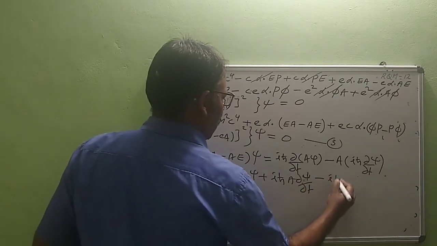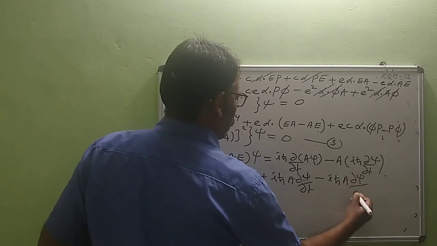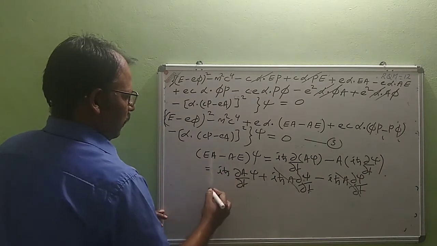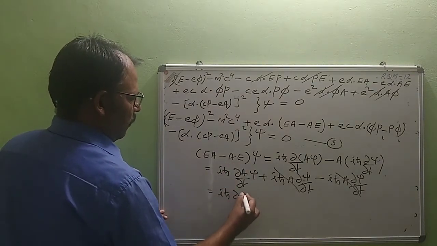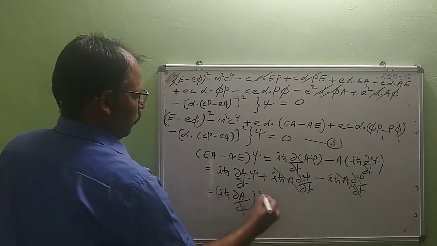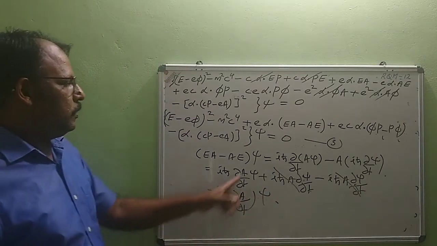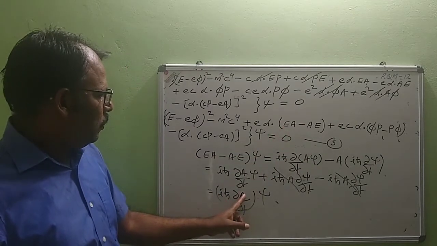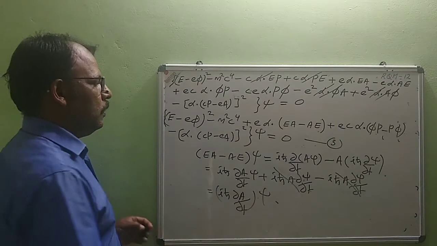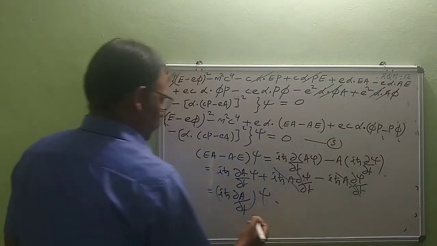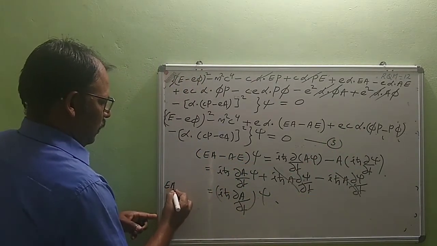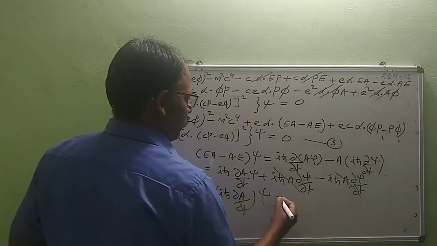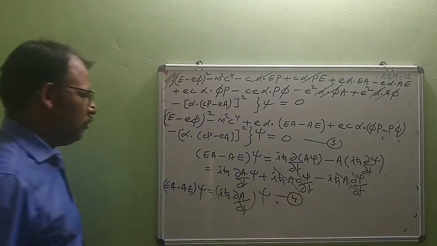Now minus IH bar A into dou psi by dou t. So this will get cancelled. We will be having IH bar dou A by dou t into psi. So instead of this term EA minus AE, we can write it as IH bar dou A by dou t. Now EA minus AE operating on psi is IH bar dou A by dou t into psi. This I am taking as equation 4.